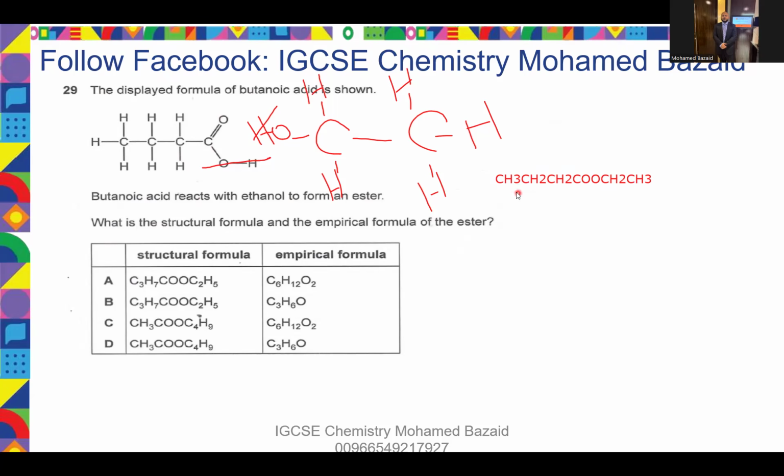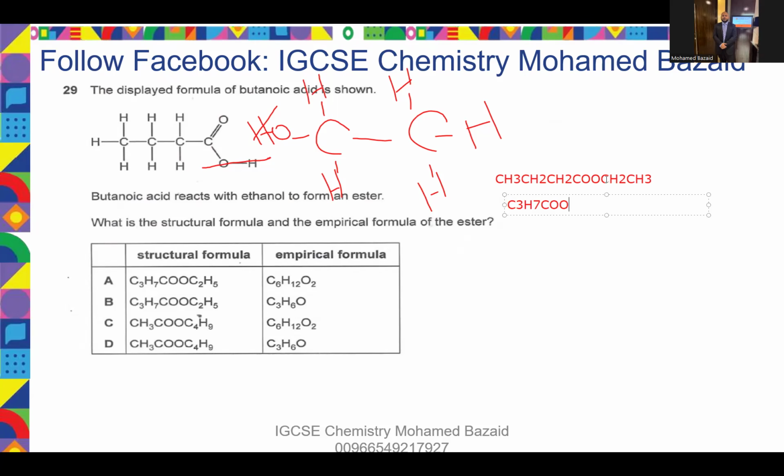If you start to count here, how many carbons do you have? Look, 1, 2, 3. So I can say C3. How many H? H3 and H2 and H2, so it is H7. So C3H7, then complete COO.